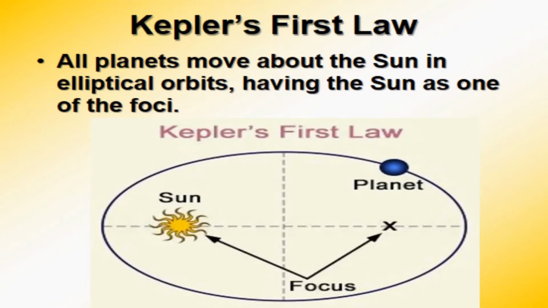So, according to Johannes Kepler, a planet moves not in perfect circles as mentioned by Nicholas Copernicus, but a planet moves in an elliptical path or an oval-shaped orbit, as you could see in this animated illustration. So all the planets, including our Earth, move around the sun in an elliptical path. So that was Kepler's first law.